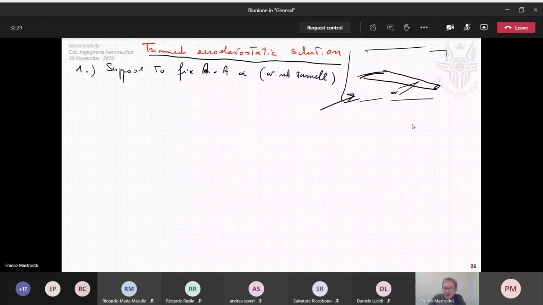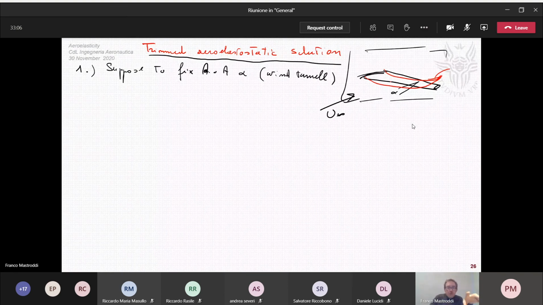You have your stream, and because of this angle of attack and this stream condition, you may have a deformation of your wing like this. For example, I want to be particularly dramatic, and this is the deformation. So we want to determine this deformation in the first problem, problem number 1, assigning an angle of attack and a flow condition in a wind tunnel.